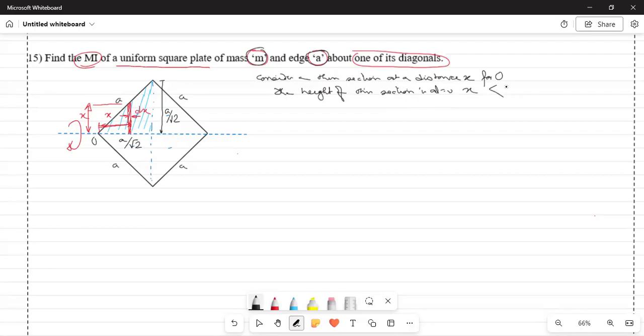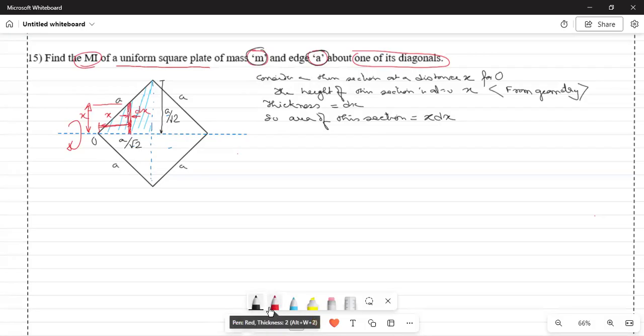How do I get it? From simple geometry. And the thickness of this section is dx. So the area of this section is equal to x dx: the height of this section x multiplied by the thickness dx.